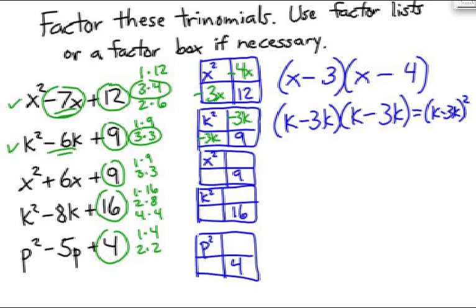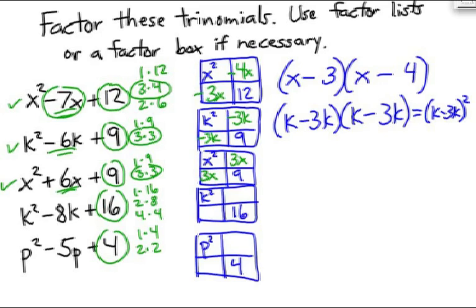On the next one, x squared plus 6x plus 9. Again, the third term is 9. I have 1 times 9 or 3 times 3 as my choices. Which ones could add up to 6? That's right, the 3 and the 3. So in my factor box, I could put a 3x here and a 3x here. And notice that I need a positive 6x middle term, so those 3x's will stay positive.